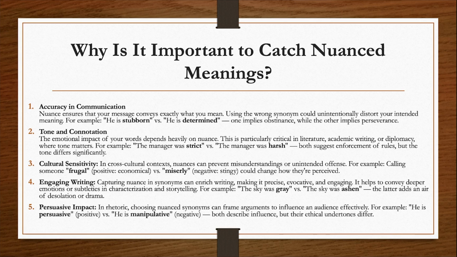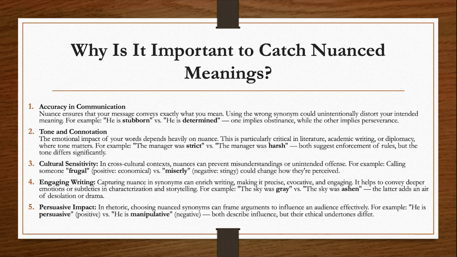The next one, persuasive impact. For example, in rhetoric, choosing nuanced synonyms can frame arguments to influence an audience effectively. For example, he is persuasive, that is positive, whereas he is manipulative, that is negative. Now, see how massively the meaning is being changed.